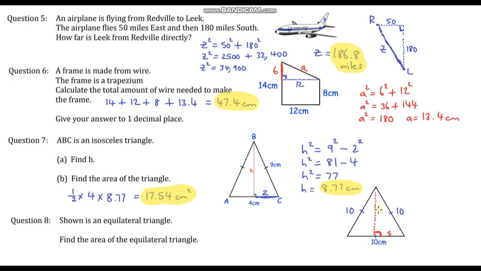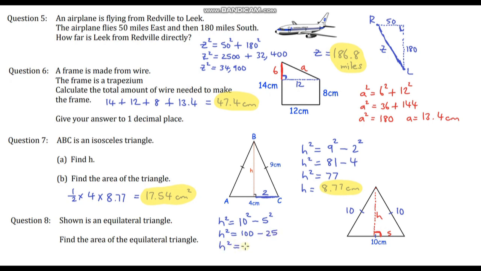So let's call this h again, because we're dealing with the height. So h squared is going to be equal to our hypotenuse squared, so 10 squared, subtract 5 squared. So let's do the next line. h squared is going to be equal to 100 minus 25.